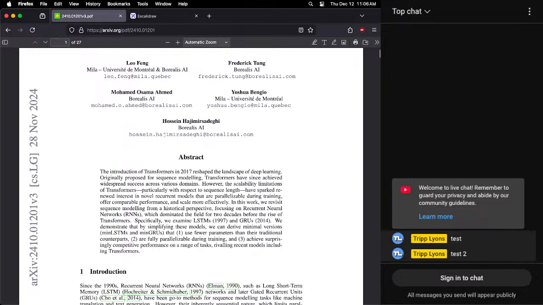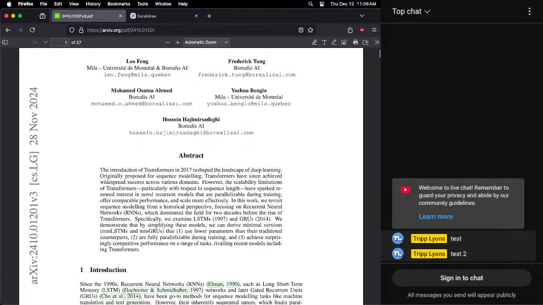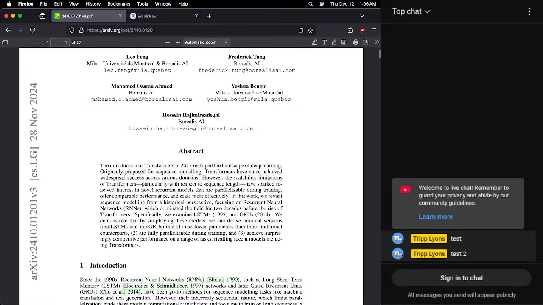Let's read the abstract. The introduction of transformers in 2017 reshaped the landscape of deep learning. Originally proposed for sequence modeling, transformers have since achieved widespread success across various domains.